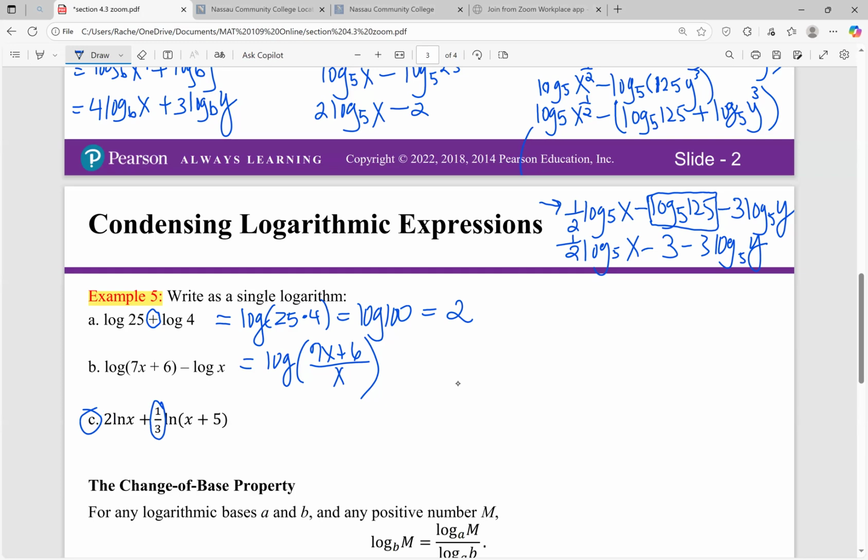So why don't we do that first? So let's rewrite 2 ln of x as the natural log of x squared. And then I have 1/3 times the natural log of x plus 5, which is really the natural log of x plus 5 to the 1/3.